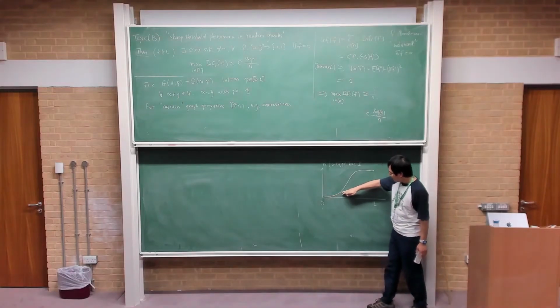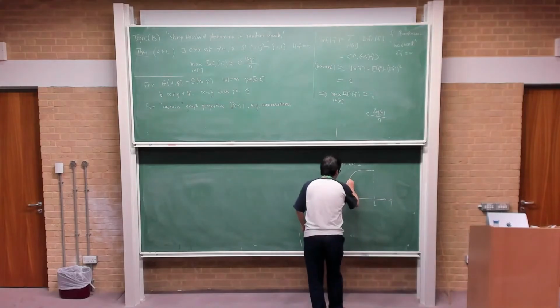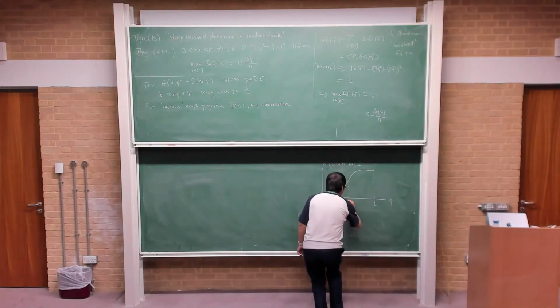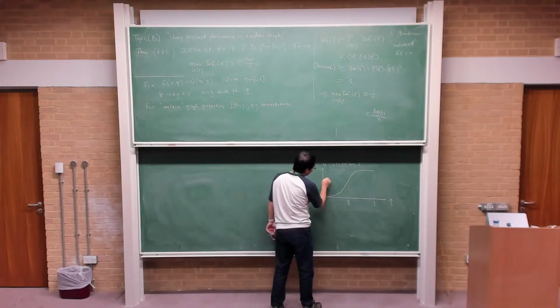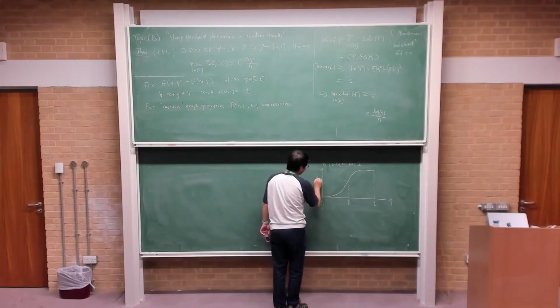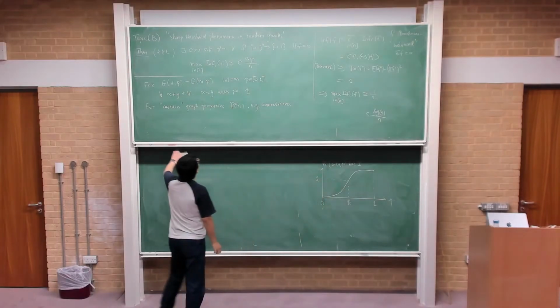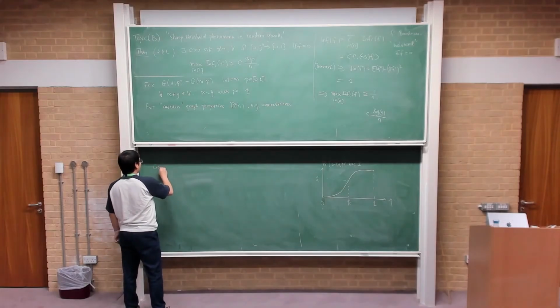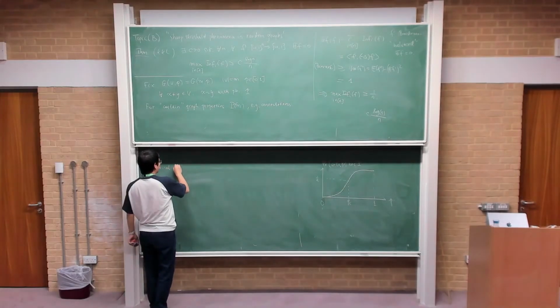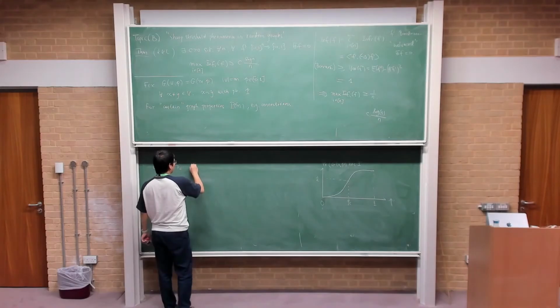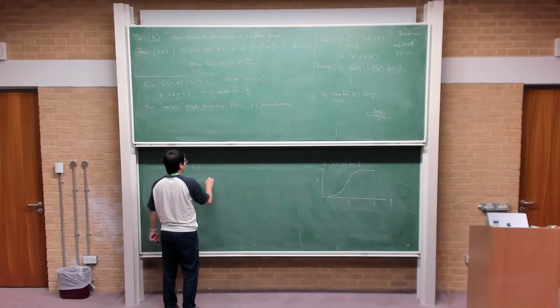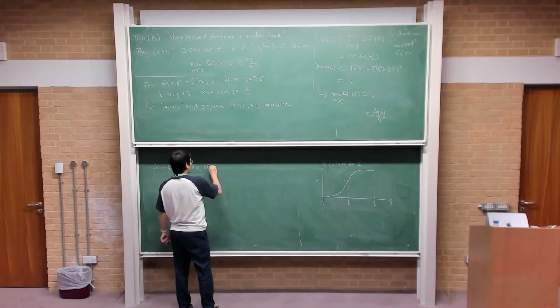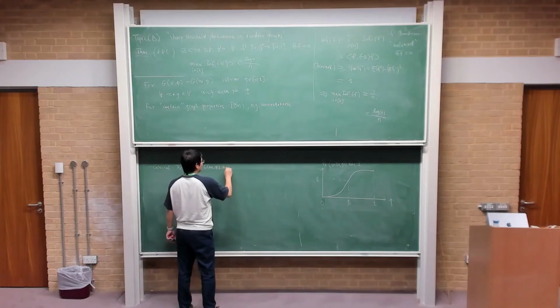The point is there is some critical point, let's say pc. pc is a point where this probability is equal to 1/2. The critical point pc is defined to be where the probability that your random graph has the given property is 1/2.